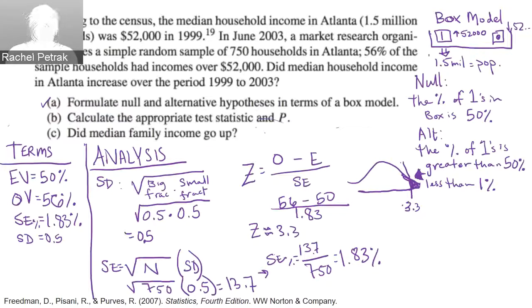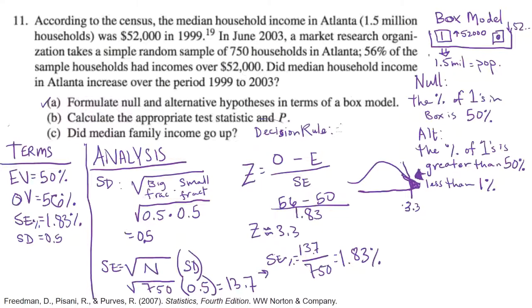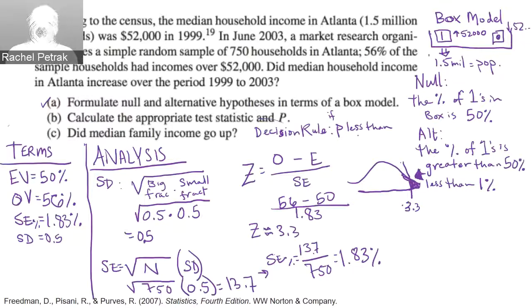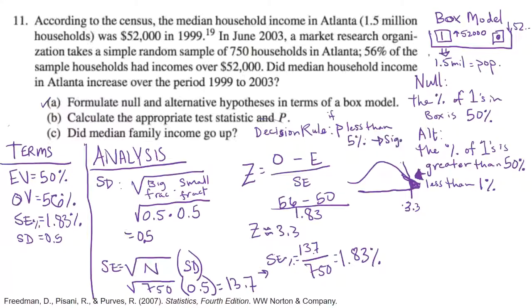And remember the decision rule. If p is less than 5%, that's significant. So is this significant? So what does that mean? Are we going to retain or reject the null?